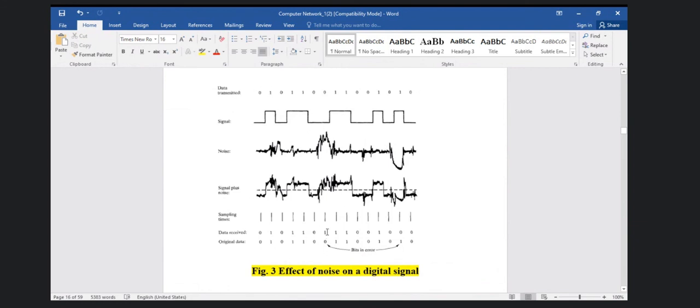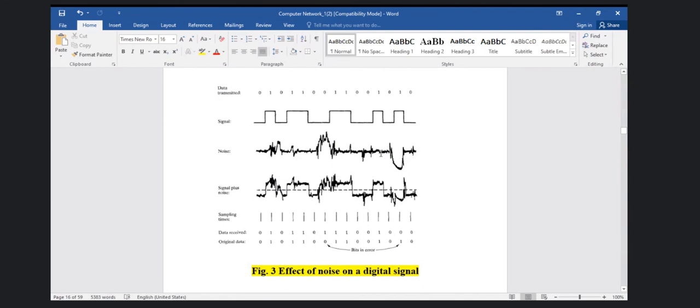So here, instead of getting 0, we will get 1 at this particular instant, and here also, instead of getting 1, we will get 0. So bit error will occur due to the impulse noise. So this is the effect of impulse noise on a signal transmission system.